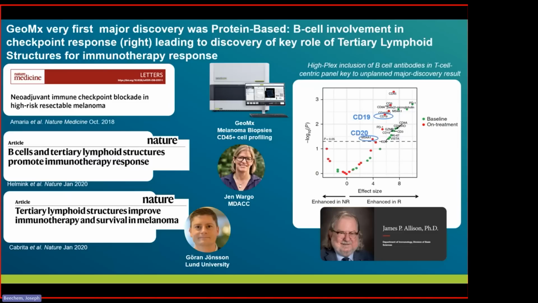It was published first in Nature Medicine. Then we had back-to-back papers in Nature showing that tertiary lymphoid structures were the most predictive histological feature for predicting response to immunotherapy. That was our discovery number one. Proteins and GeoMx made that discovery even before full commercial launch. This was our work with MD Anderson.